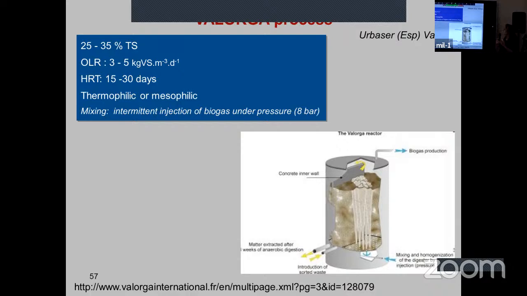I think it's only used for municipal solid waste, with, you can see the TS contents, an organic loading rate of about 5 kilograms VS per cubic meter per day, a retention time between 15 and 30 days, and they can be operated at thermophilic or mesophilic temperature.